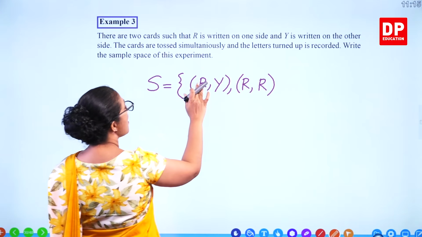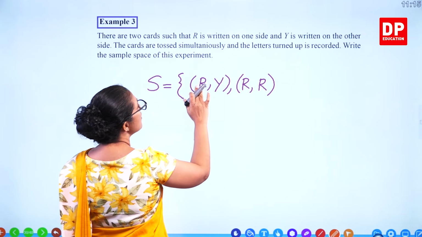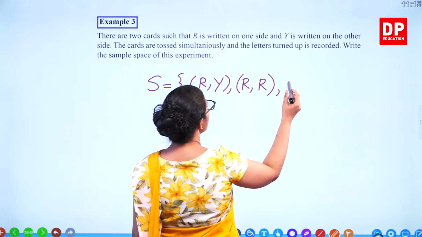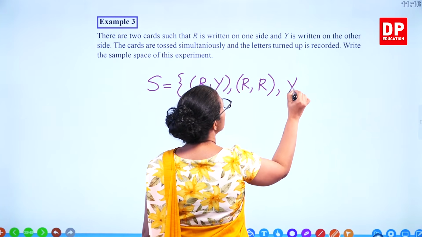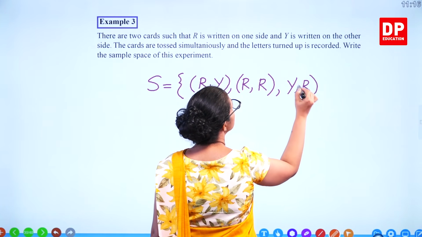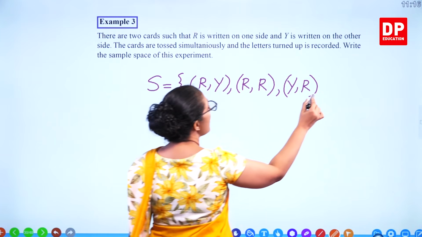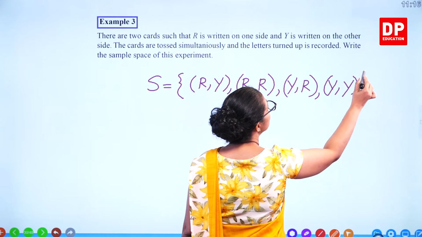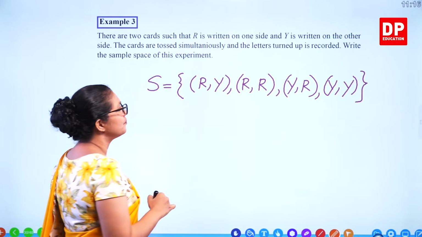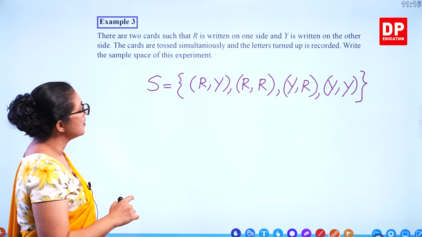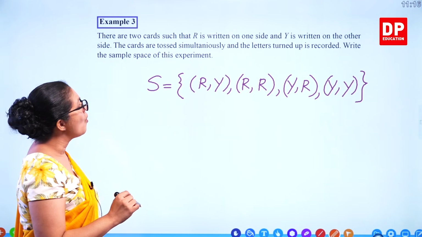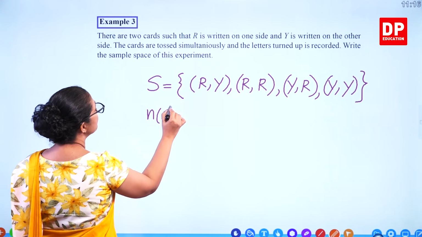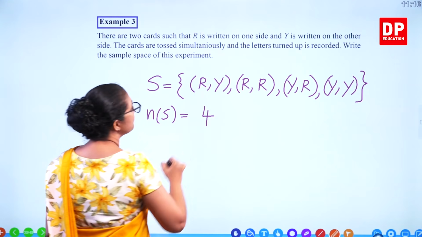If R is the first one, you can get another possibility as well. Y first and R second. Or you can get Y and Y. So you get 4 possibilities. So what's n(S)? 4.